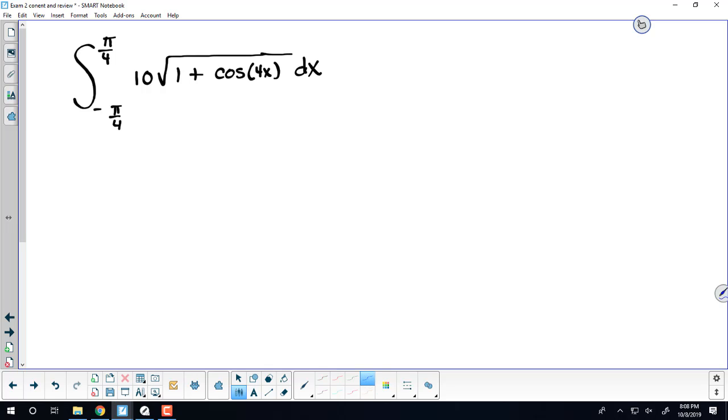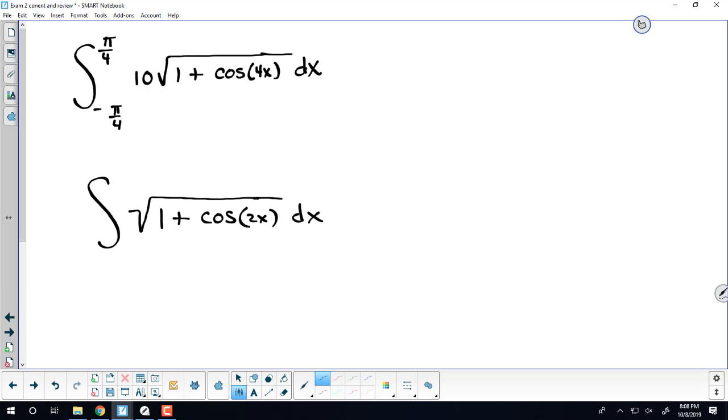So the key to this one, what if we had just an antiderivative of the square root of 1 plus cosine of 2x instead? Maybe something like that might look a little bit more familiar. The key to either one of these is to remember the power reduction formulas we had for sine squared and cosine squared.